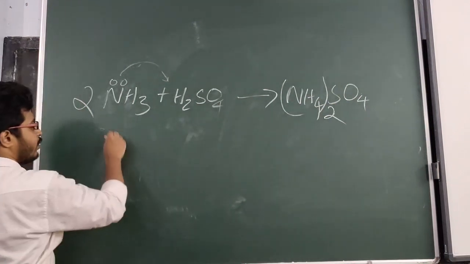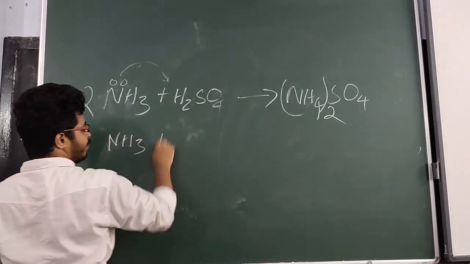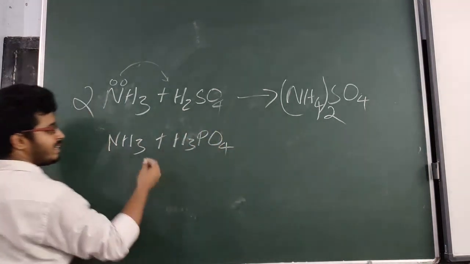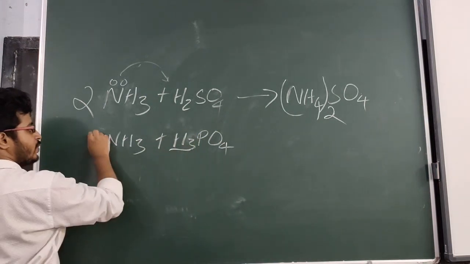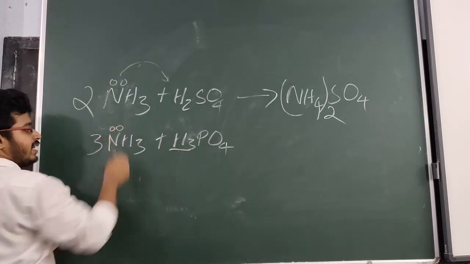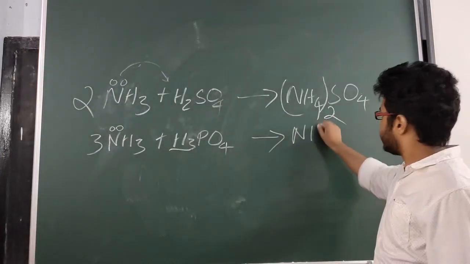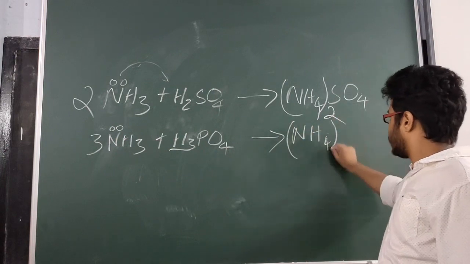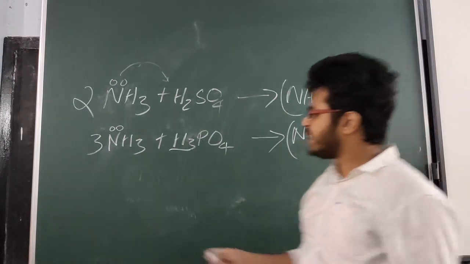We will do one more reaction, NH3 plus H3PO4. Here there are 3 replaceable hydrogens, so we can take 3 NH3 to form (NH4)3PO4.